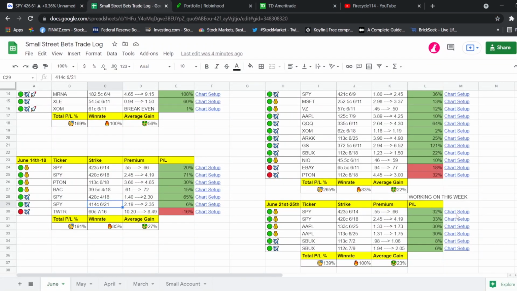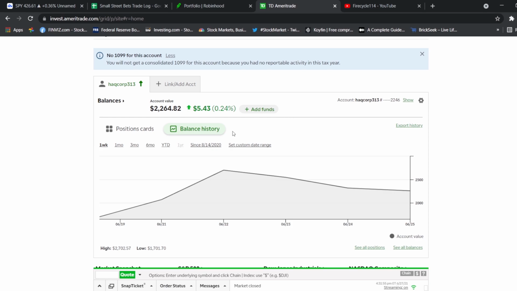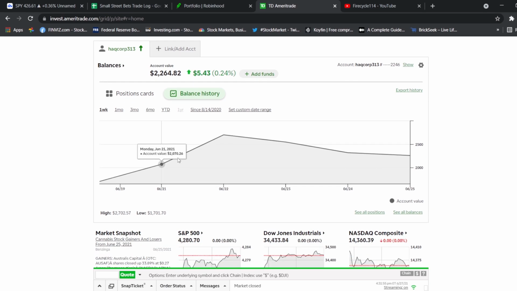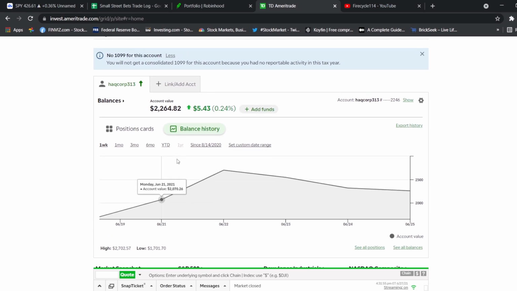But I sold out of my position very early, and I traded this SPY scalp on my second account. Keep in mind that I post all of my profits and losses, so you can scroll up and actually see my profits. Right around over here, we started with 1,700.